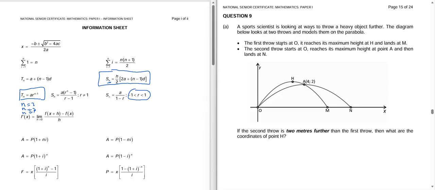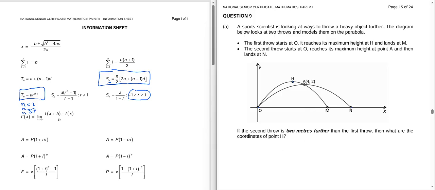The first throw starts at O, reaches a maximum height and lands at M. The second throw starts at O again, reaches a maximum height of point A and then lands at N. For the second throw, we have more information because we know that it reaches the highest point at 4.2.